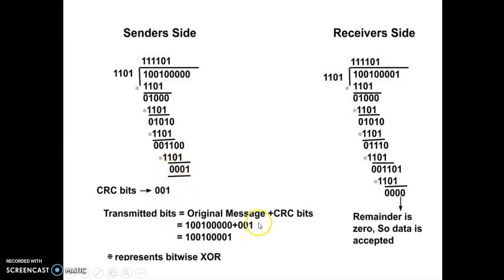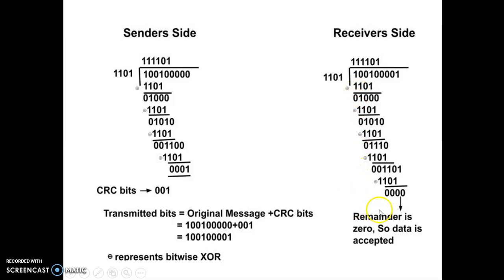This CRC is added to the original message. The original message is 100100, and with that the CRC is added, and this combined portion is transmitted to the receiver side. At the receiver side, the transmitted data is again divided using long binary division with the divisor.